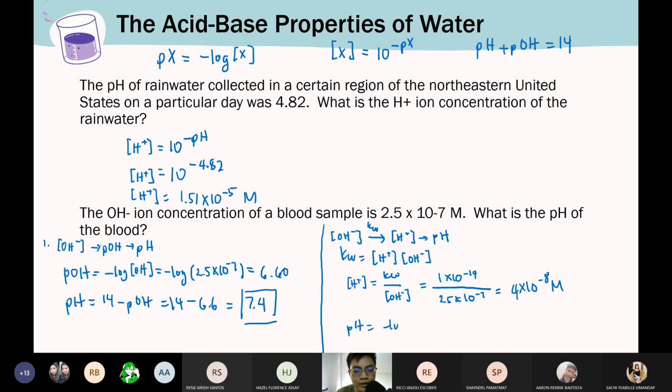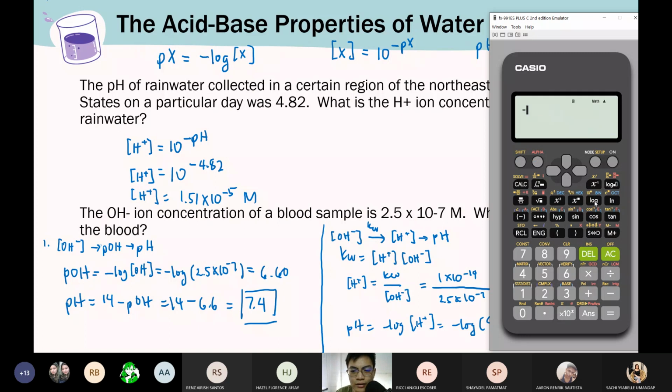So pH is negative log of the H plus concentration. So that's negative log of 4 times 10 raised to negative 8, which is 7 point, round off mo na lang, 7.40.